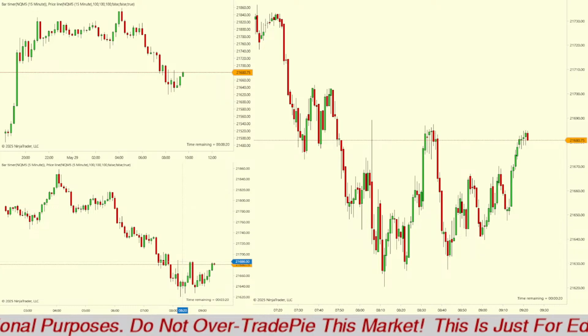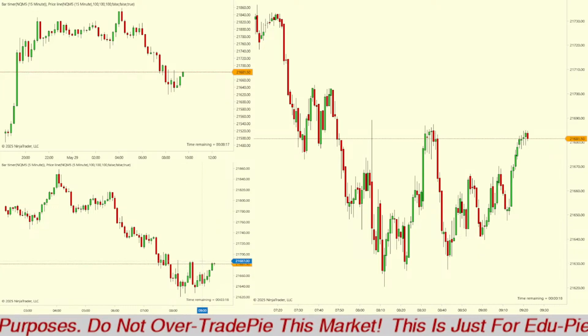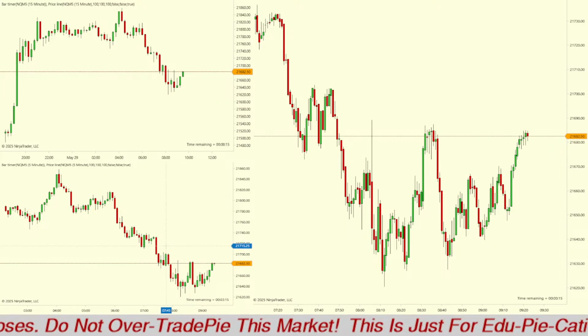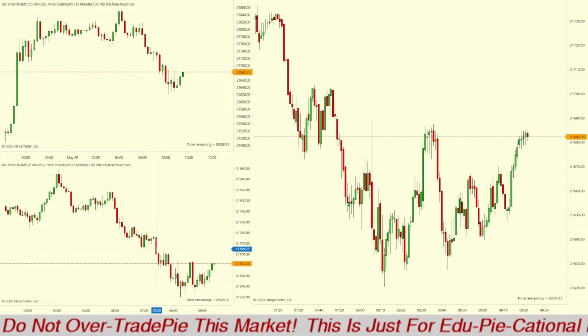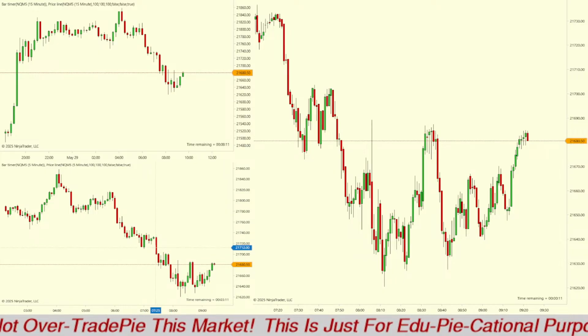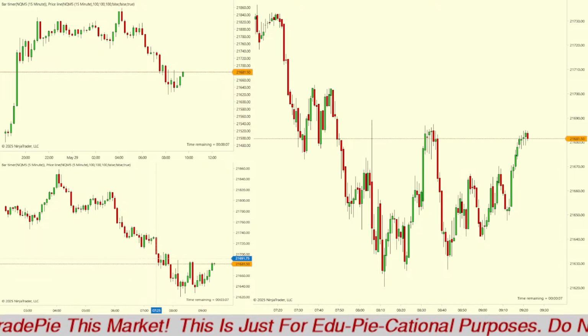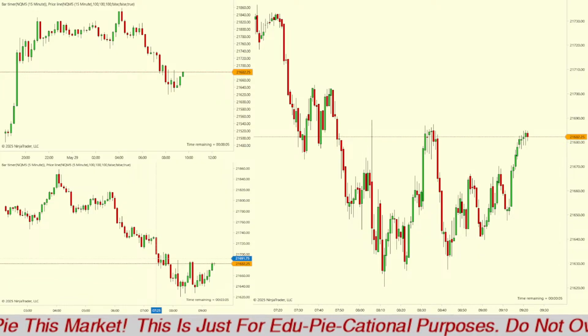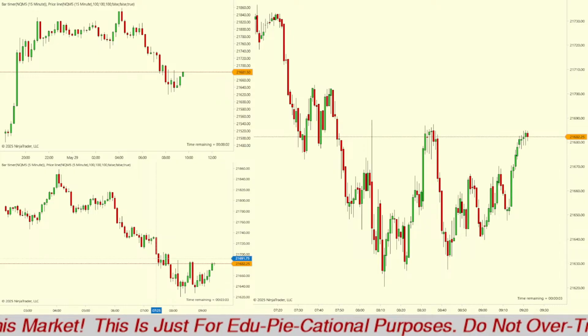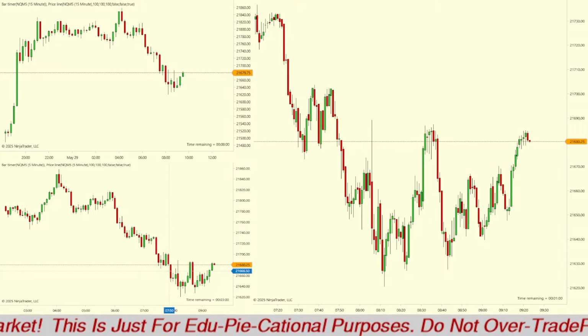So I expect that we see a run higher, preferably to this inefficiency, this CB formed at 7:25 New York local time. After that we will see what will be happening.